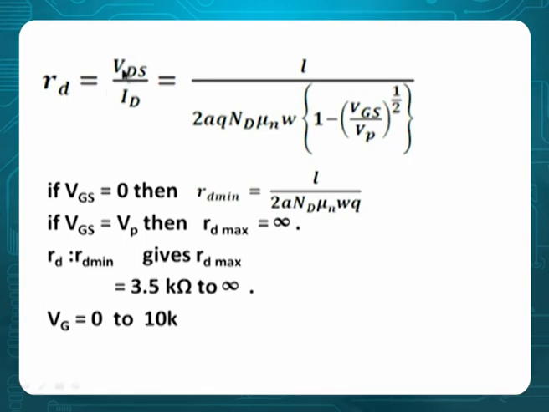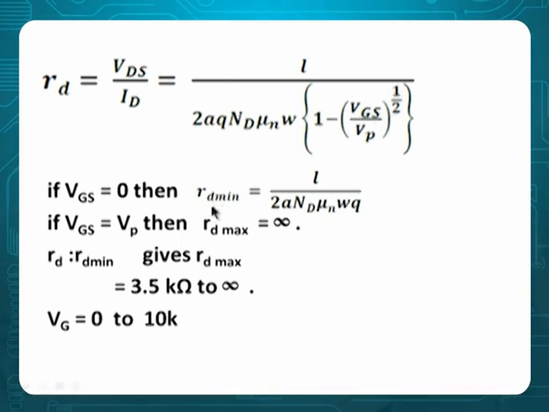But if you derive it analytically, RD is L by 2 Q ND Wn mu n into W, 1 minus VGS by VP, whole power half. Now look at here. If VGS is 0, this becomes RD minimum, because 1 by maximum is minimum. If VGS is VP, this is 0, therefore infinity.